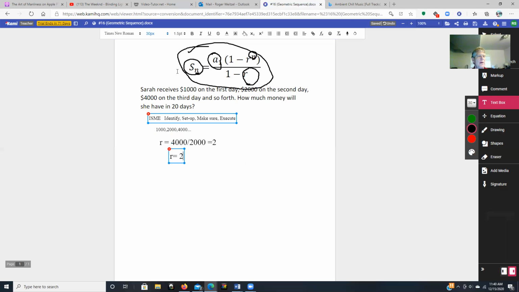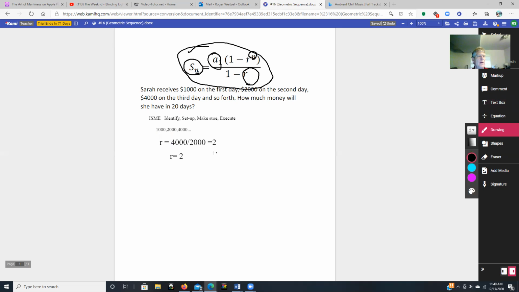What else do we know here? We're looking for the sum. We know that A1, the first term, is going to be 1,000. And I think that's all we need.